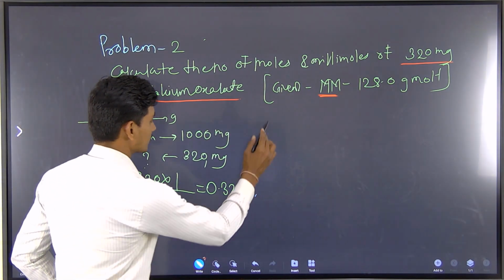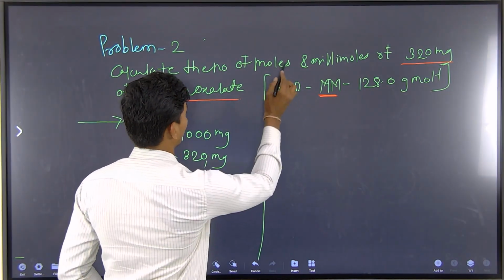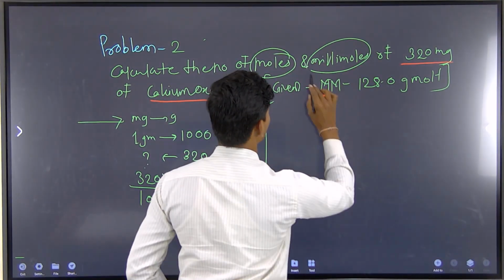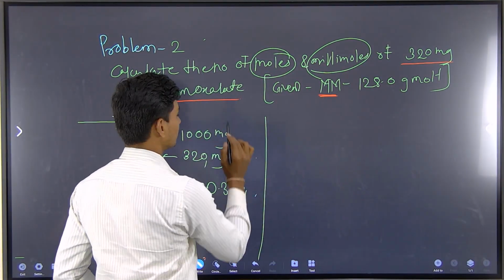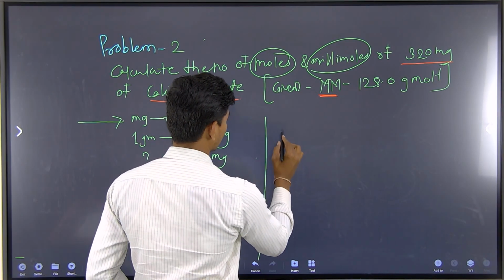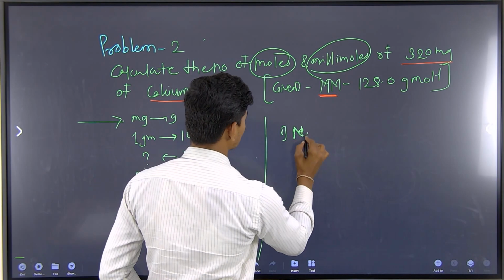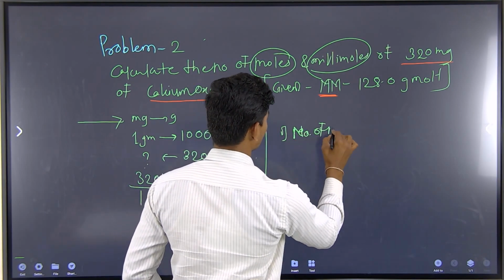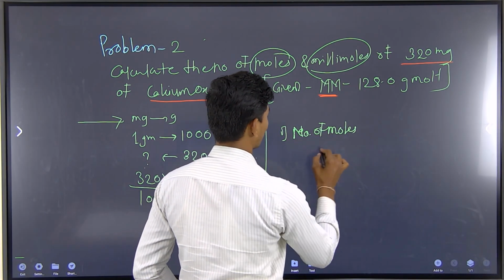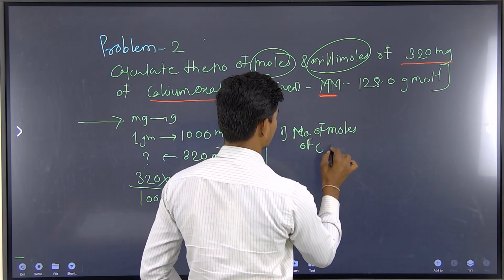The next part is finding the moles and millimoles of calcium oxalate. First we calculate the number of moles of calcium oxalate.